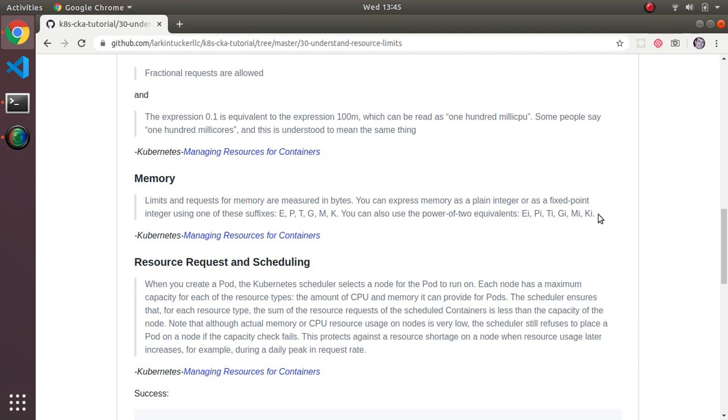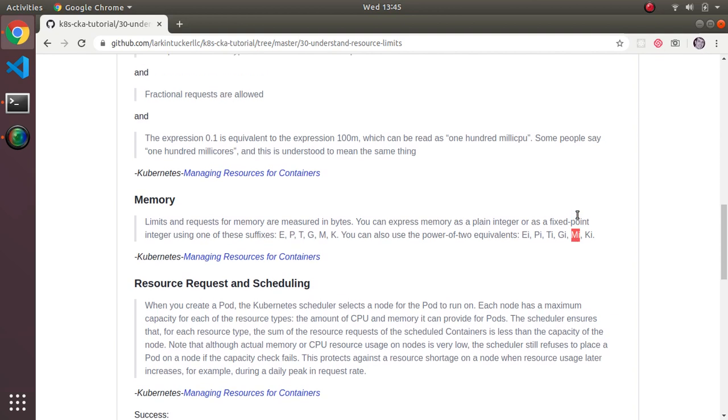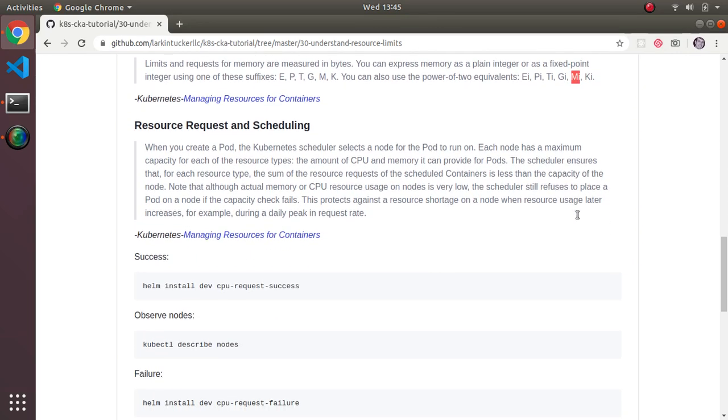And then there are also the i versions of them, which are base 2. So this is 1,000 bytes, and Ki is, I think, 1024 bytes. You can use either one. I think a lot of the examples are going to use the i version, since that's more common for memory. Okay, so again, those are the two main constraints.